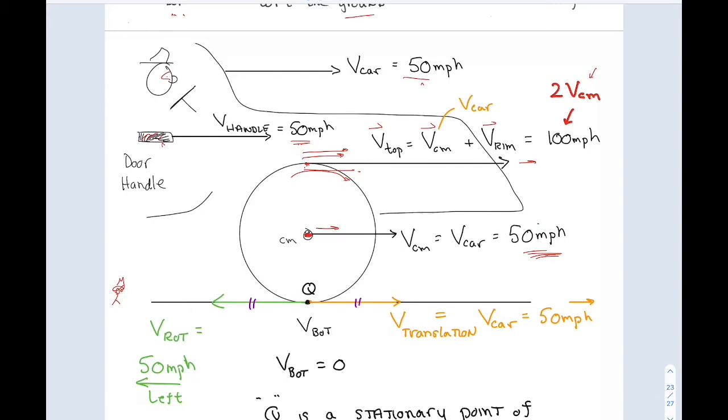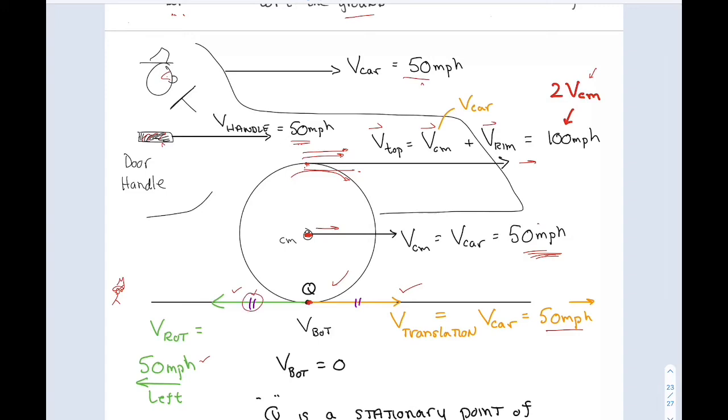Now if I look at the bottom of the wheel, we showed that the bottom of the wheel, remember, wheel's rotating like that, has a velocity to the left of 50 miles an hour due to rotation, and has a velocity of 50 miles per hour to the right because this part of the wheel is moving with the same speed as the door handle. It's moving to the right at 50 miles per hour.